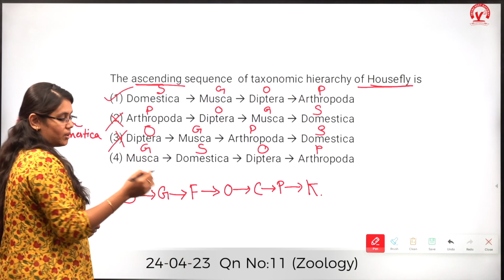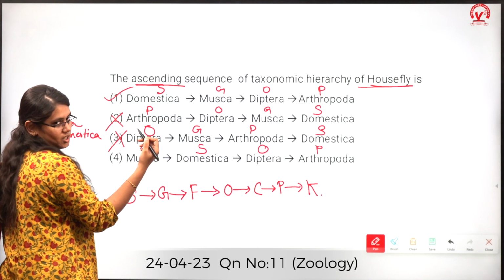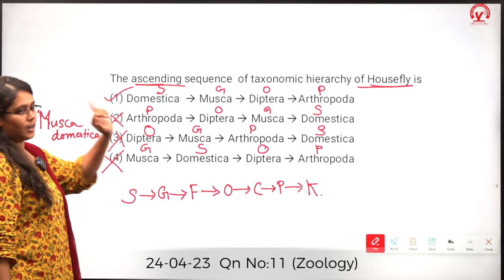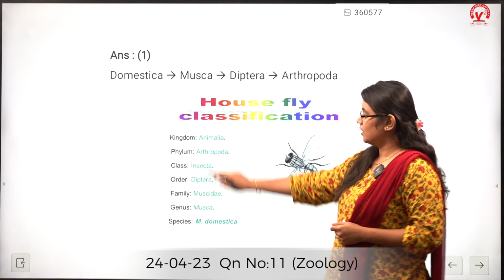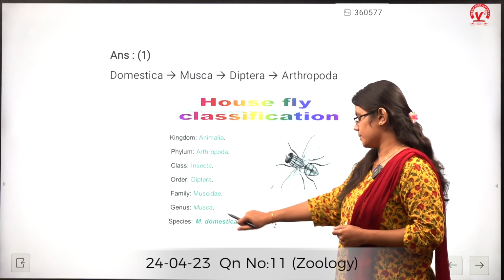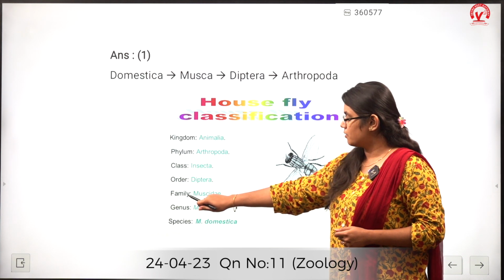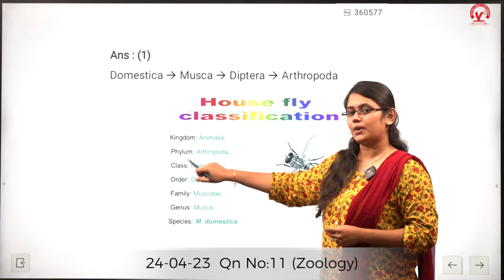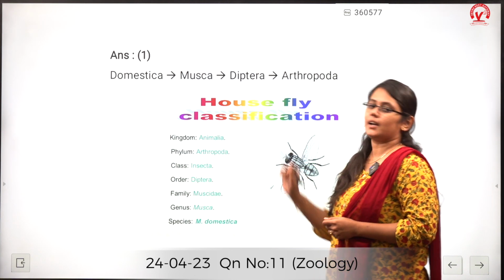This is also wrong because species is coming after genus. So the correct option will be option 1. So this is the correct taxonomical hierarchy of housefly. So species Musca domestica, genus Musca, family Muscidae, order Diptera, class Insecta, phylum Arthropoda and kingdom Animalia.